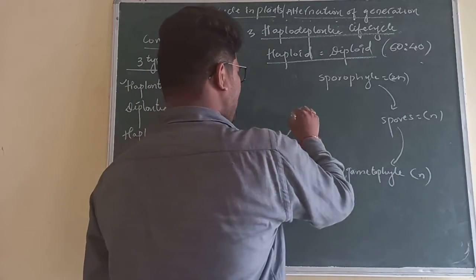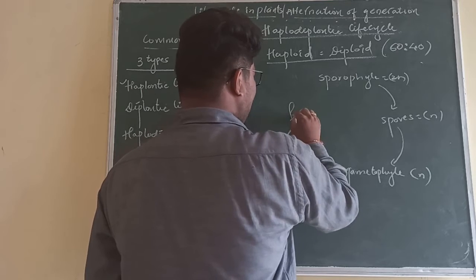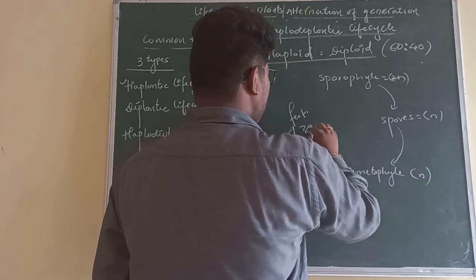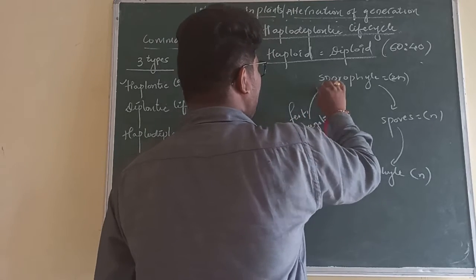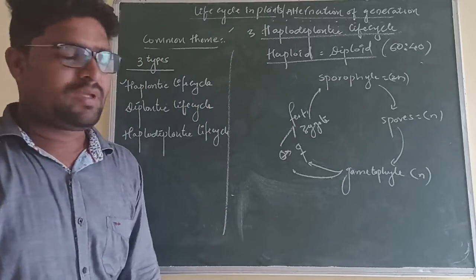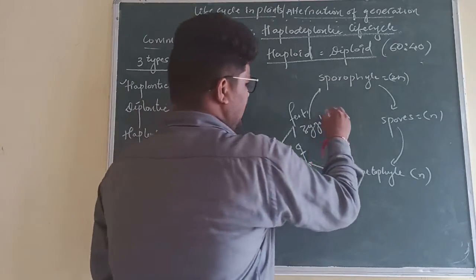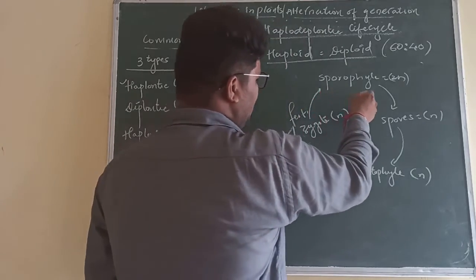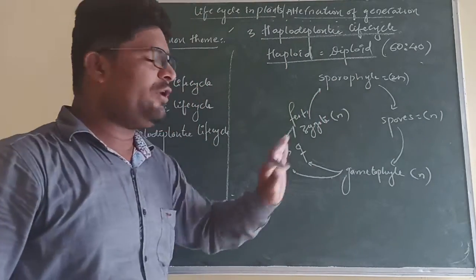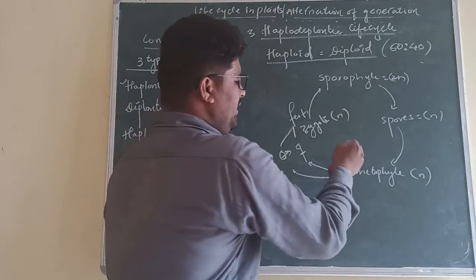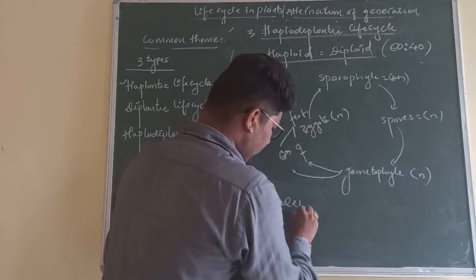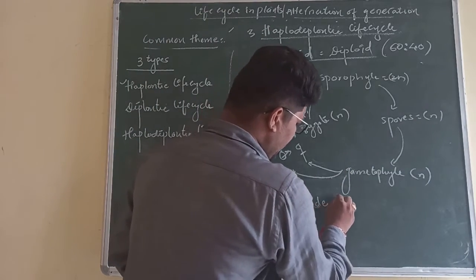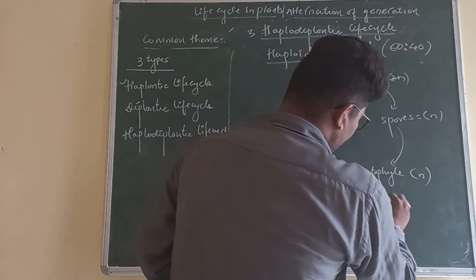They will fuse, and after fertilization they form zygote, and this zygote again forms sporophyte. In this case, see, these gametes are again haploid. So in this case, diploid sporophyte and haploid gametophyte are dependent on each other. Very important that they are dependent on each other.